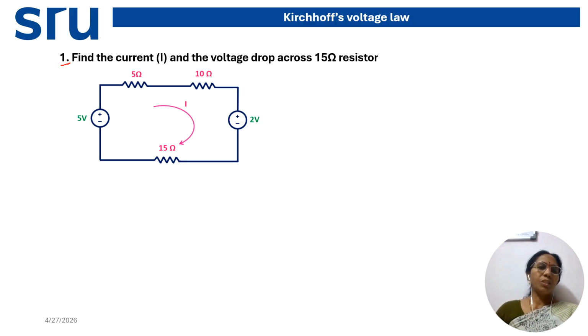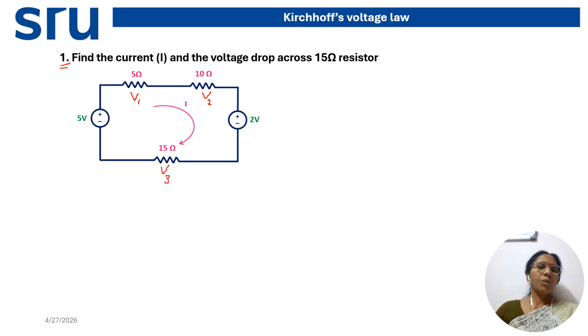And here the question is to find the current I and the voltage drop across the 15 ohm resistance. So now let us take the voltage across this 5 ohm as V1, the voltage across 10 ohm as V2, and the voltage across 15 ohm as V3.